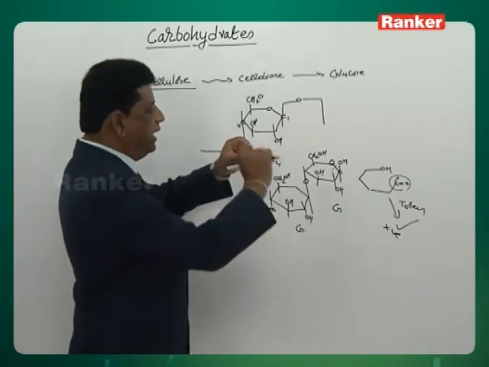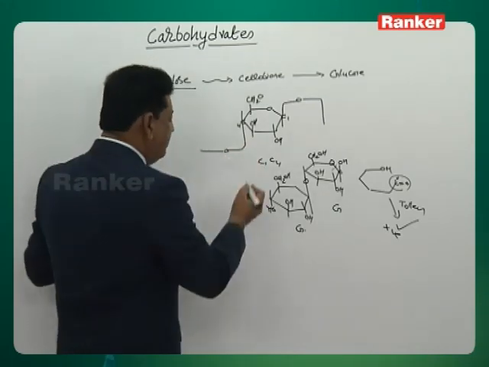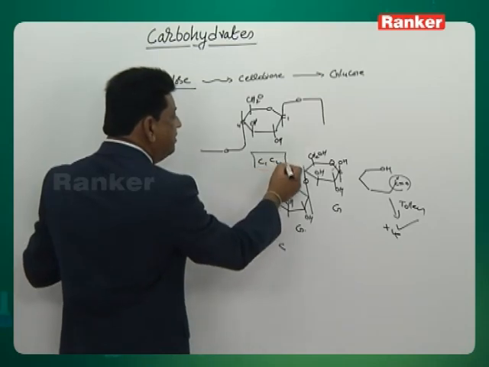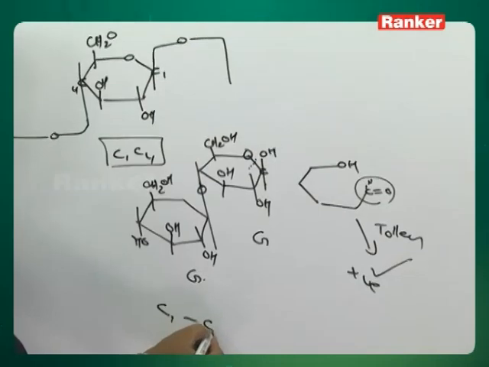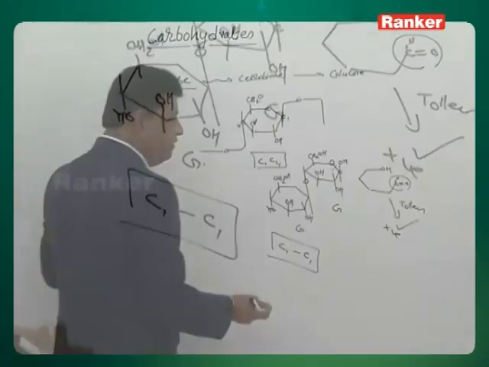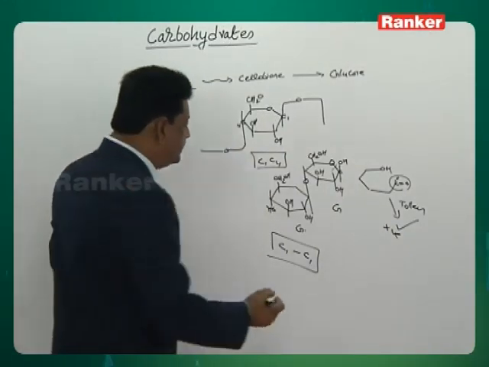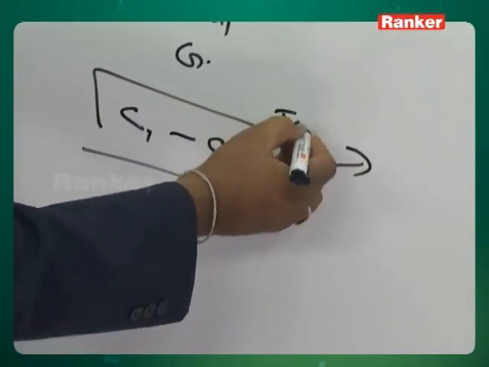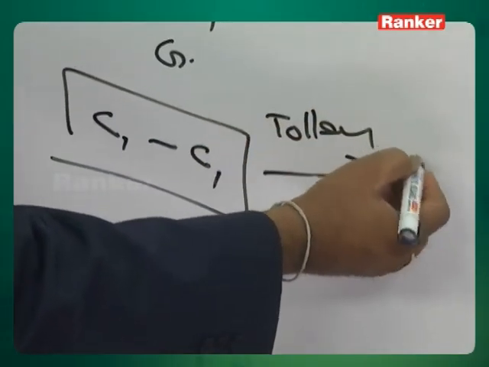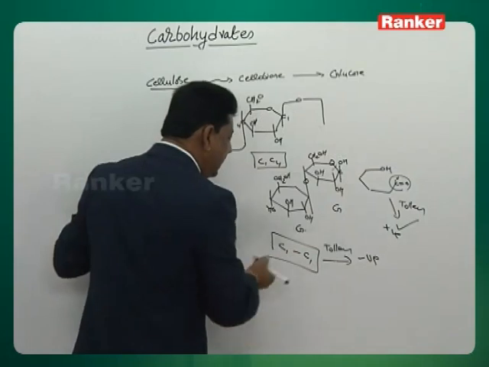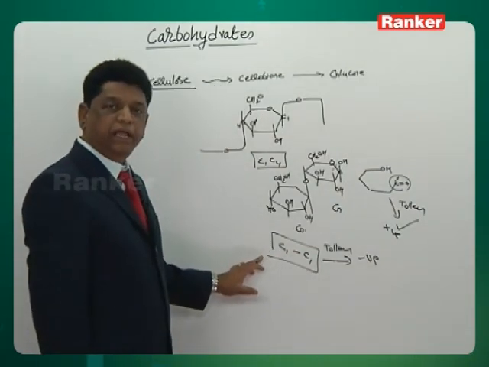If both ends are tied, this is C1-C4. If C1 is linked to C1, none of them will open up into the aldehyde. In such a case, if you add Tollens reagent, there is no positive reaction, a negative reaction. This is called a non-reducing sugar.